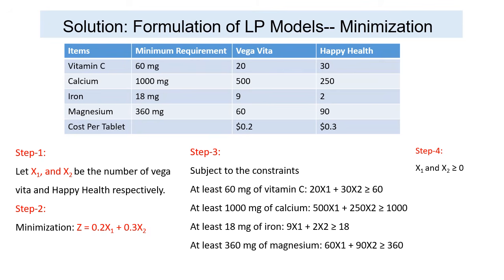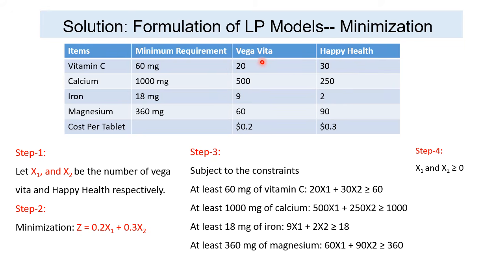As I said before, moving to the solution, it's better to put the data in a table to ease our analysis, to ease our formulation. So the items or the nutrients are vitamin C, calcium, iron, and magnesium. And the minimum requirements are 60, 1000, 18, and 360 respectively.